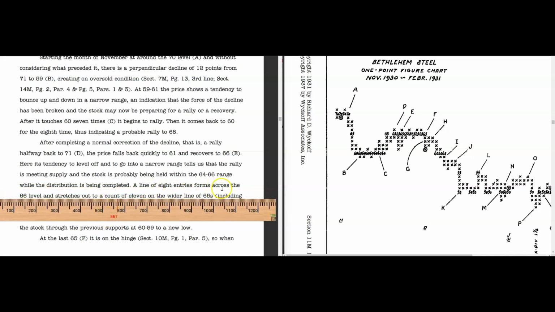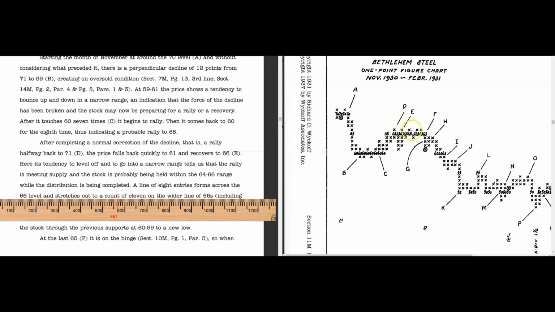So a line of 8 entries forms across 66 and stretches out to 11 on the wider 65 line. All right, what are you doing at 66? It's 1, 2, 3, 4, 5, 6, 7, 8. Right? So how many boxes do you have? You have 8 boxes, including the spaces. So from the high here, from D onwards, you have 1, 2, 3, 4, 5, 6, 7, 8.